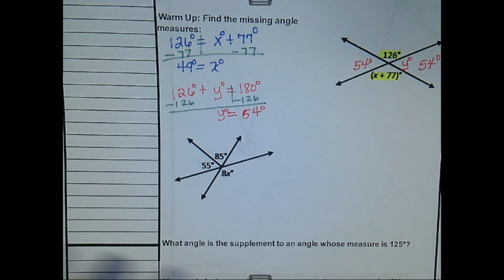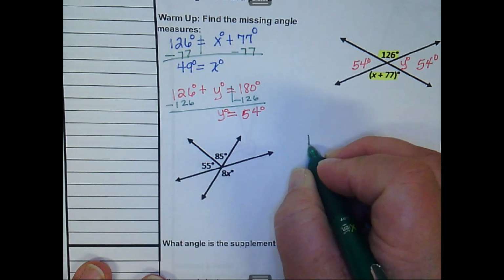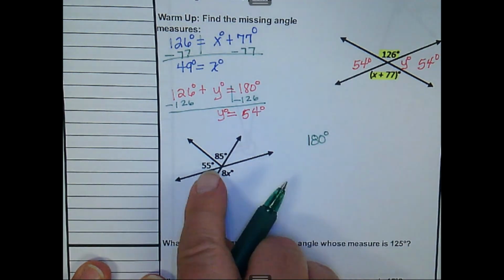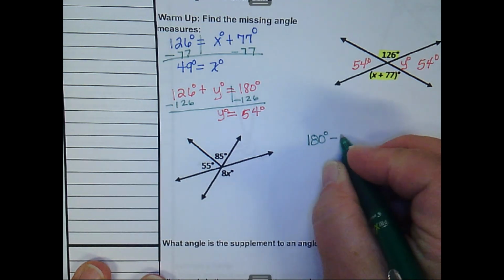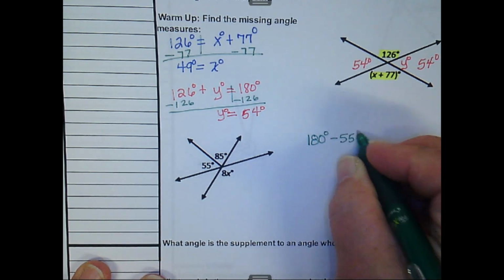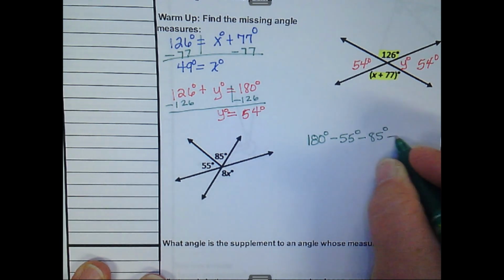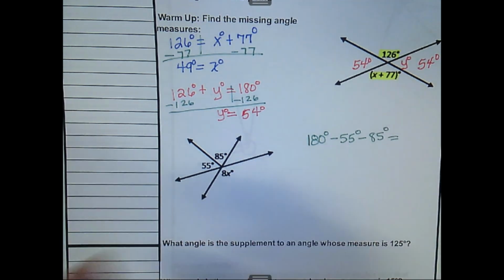How many degrees are in a straight line? 180 degrees altogether. So minus 55 degrees, minus 85 degrees equals, that'll give us this angle right here.